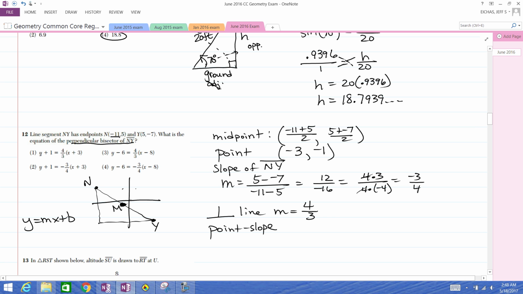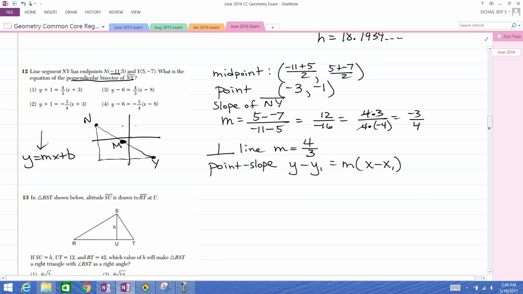But then you've got to convert all of these to y equals mx plus b. Point slope form looks like this: y minus y1 equals m times x minus x1. So they're kind of making it really tough if you don't teach point slope form, but we can handle it.